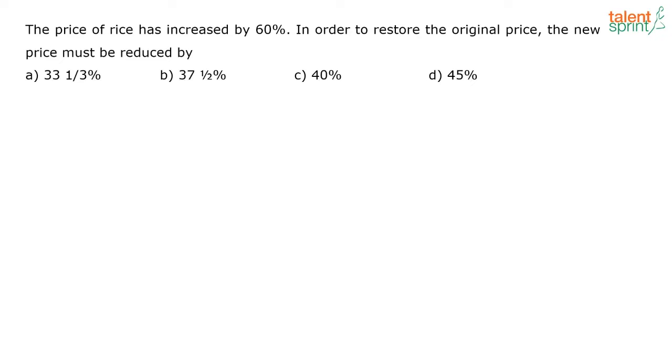Now this concept of effective percentages that we learned will come in very useful to solve such questions. So let us try to solve this question using the effective percentage concept. The price of rice has increased by 60%. In order to restore the original price, the new price must be reduced by what? So what is happening?